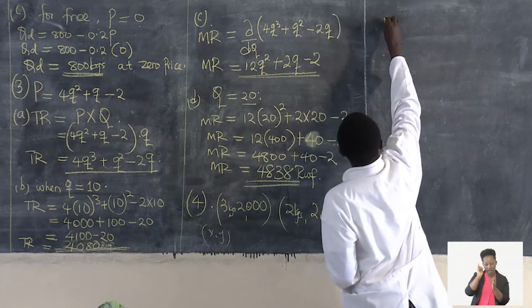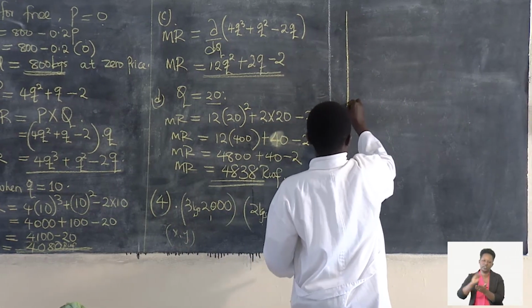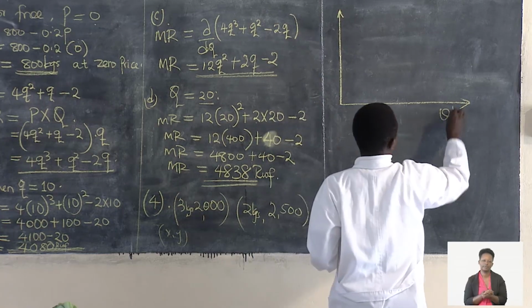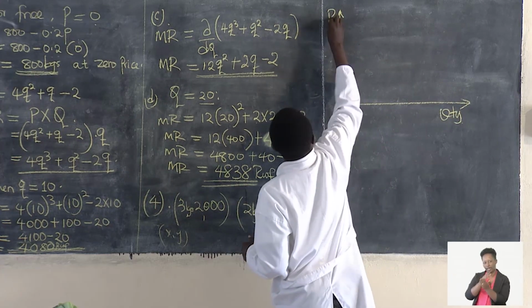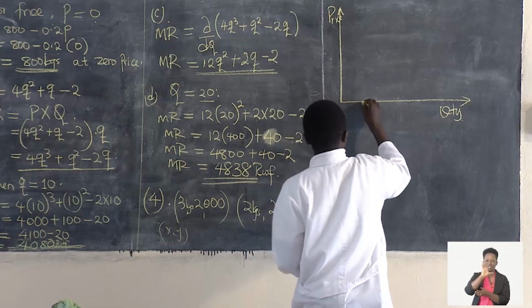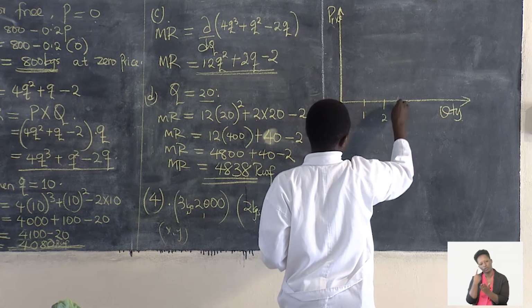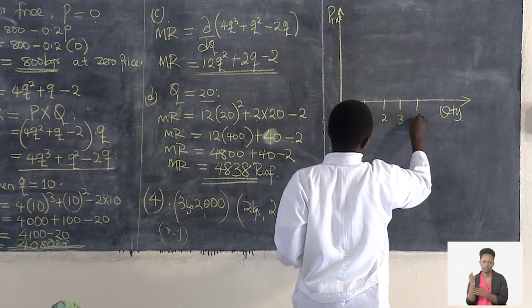So you will have to make a simple sketch. This is our quantity demanded, and this is our price. So here we put the quantity demanded, maybe 1, 2, 3, 4.